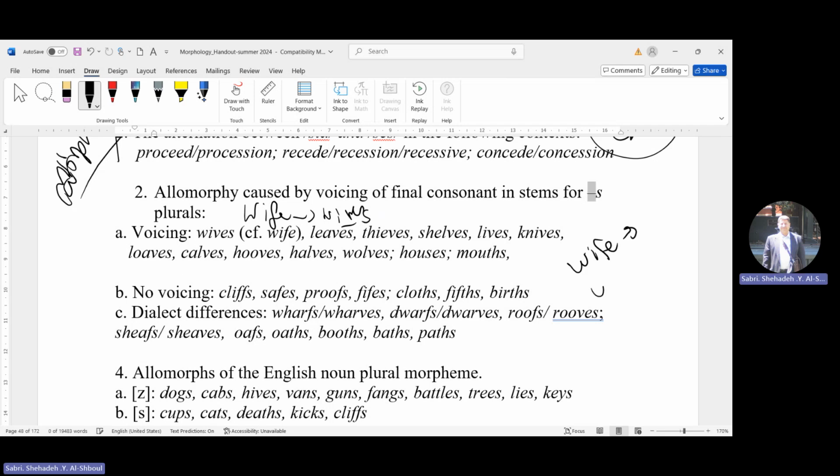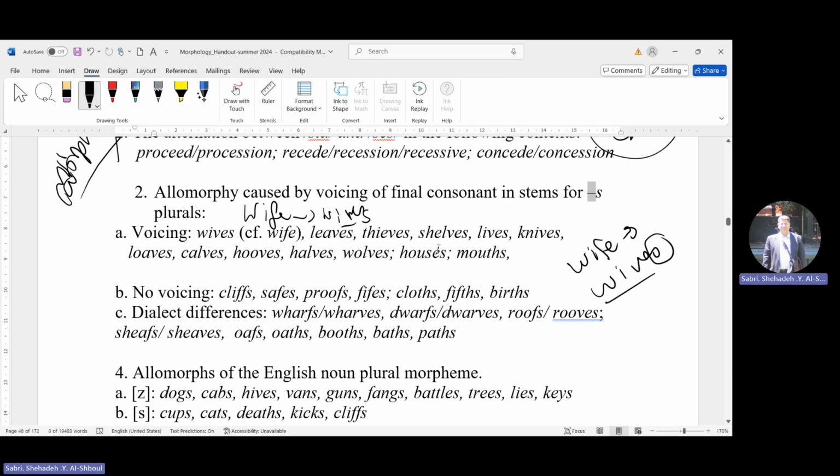It becomes wives. So it is the s morpheme that changes the morpheme wife into wives. So here it is a kind also of allomorphy. This allomorphy is caused by the morphemes. So we have thief, thieves, shelf, shelves, life, lives, knife, knives, loaf, loaves, and calf, calves, hoof, hooves, half, halves, wolf, wolves, house, houses, mouth, mouths, right?